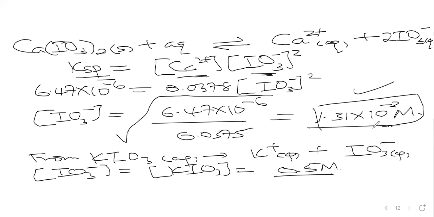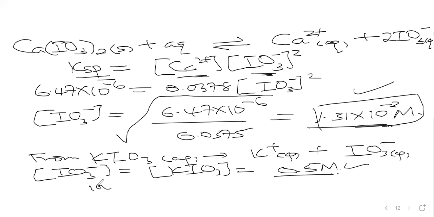Now, if this is the concentration we need to precipitate calcium iodate, yet this is the concentration we have, we need to compare the two and their volumes to know the volume that the question requires us to calculate. Are we together? These moles are in 1,000. Then we need to get the volume in which these moles will be, so that we get the volume that will be added to the solution to precipitate the calcium iodate.